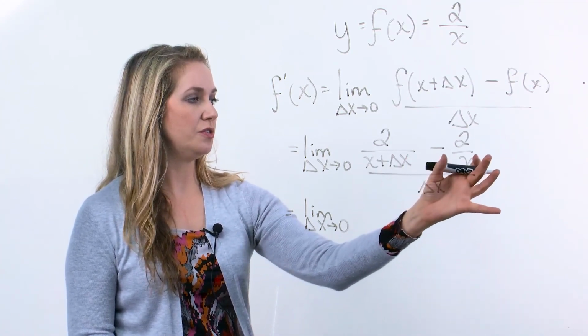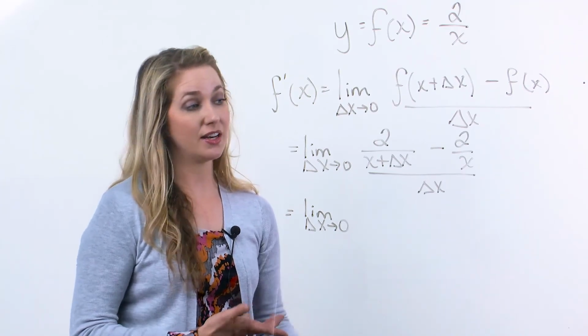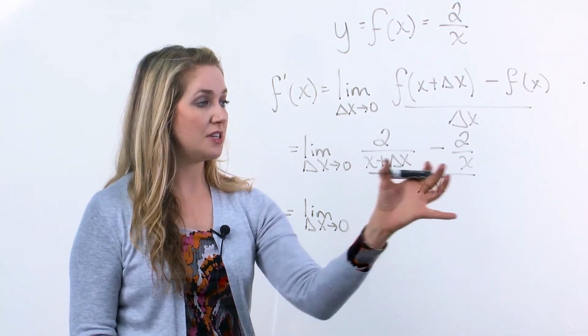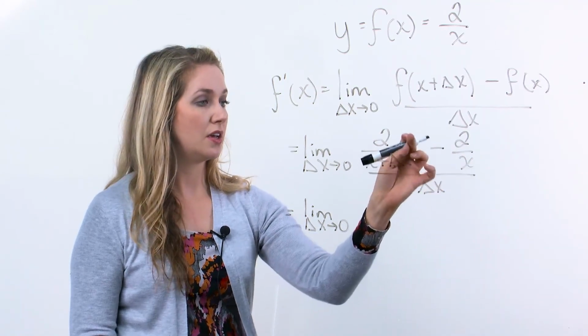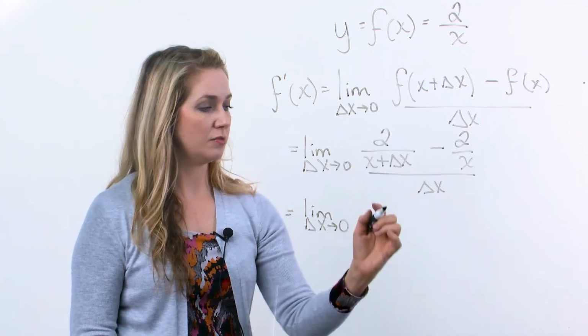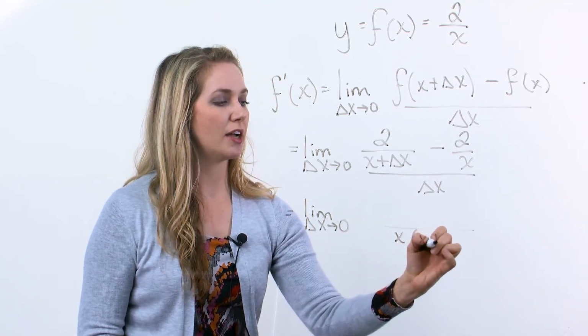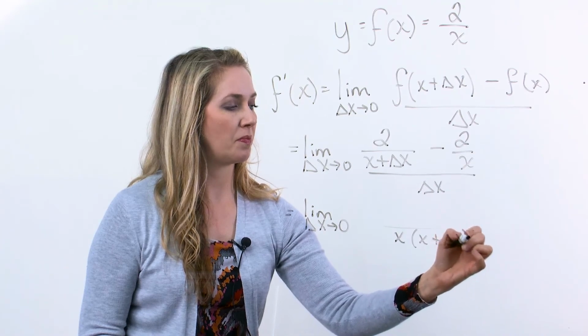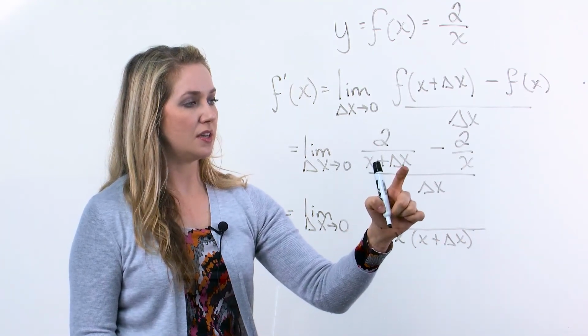Since we have 2 fractions that are being subtracted, the way we do that is by finding a common denominator. The common denominator is x plus delta x times x. This fraction here, if we want to convert it to having the denominator x plus delta x times x, you'll notice this denominator is missing the x.